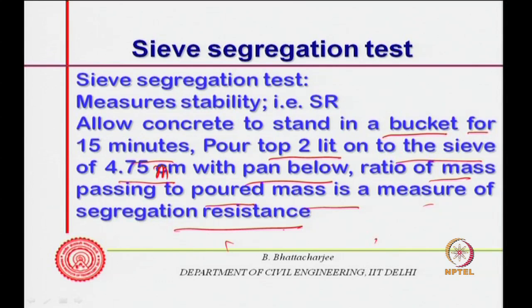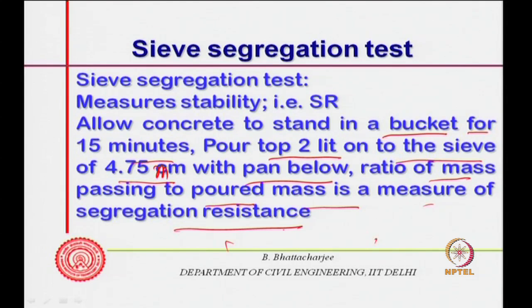Now, if there were segregation, for example, if the water is coming out and the solids or larger particles go down below, then the quantity passing through this sieve will be very large. If even the finer solid is separating out along with water, taking out too much of the finer material, then most of it will pass through the 4.75 mm sieve.